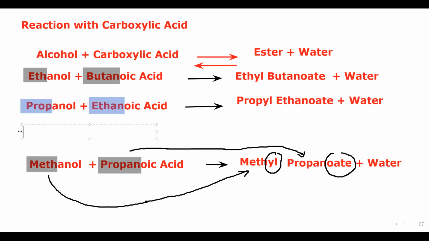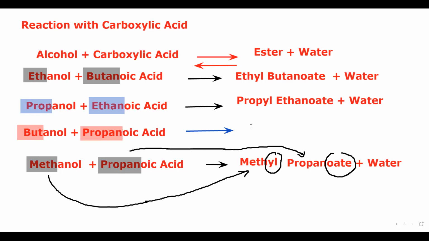Another example, if we have butanol plus propanoic acid. So butanol plus propanoic acid, which ester will be formed? The first name of the ester is coming from alcohol. So alcohol is but, and also it will be but, and the second name is coming from acid, so it will be propan, and then we'll write OATE because it's an ester.